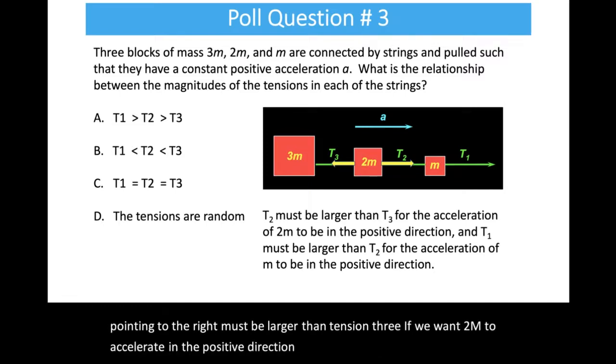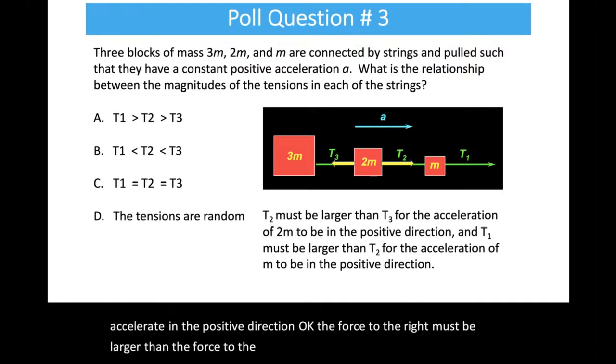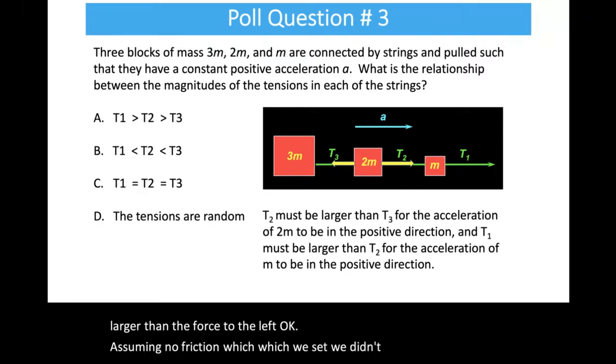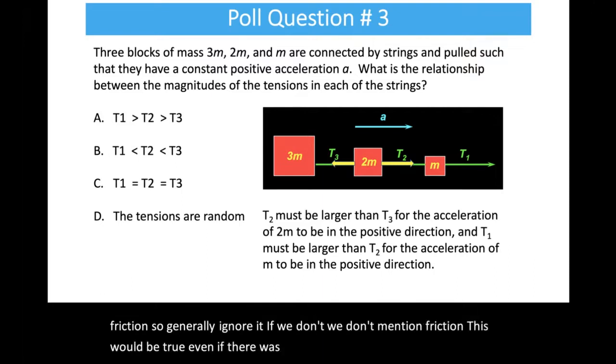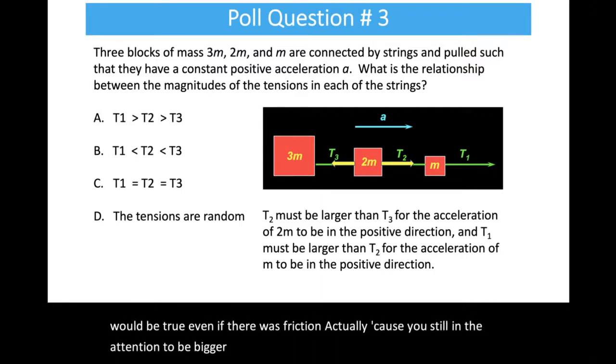The force to the right must be larger than the force to the left. This assumes no friction, which we didn't say there was, so generally ignore it if we don't mention friction. This would be true even if there was friction, actually, because you still need tension 2 to be bigger than tension 3 and the friction, if you did have it.